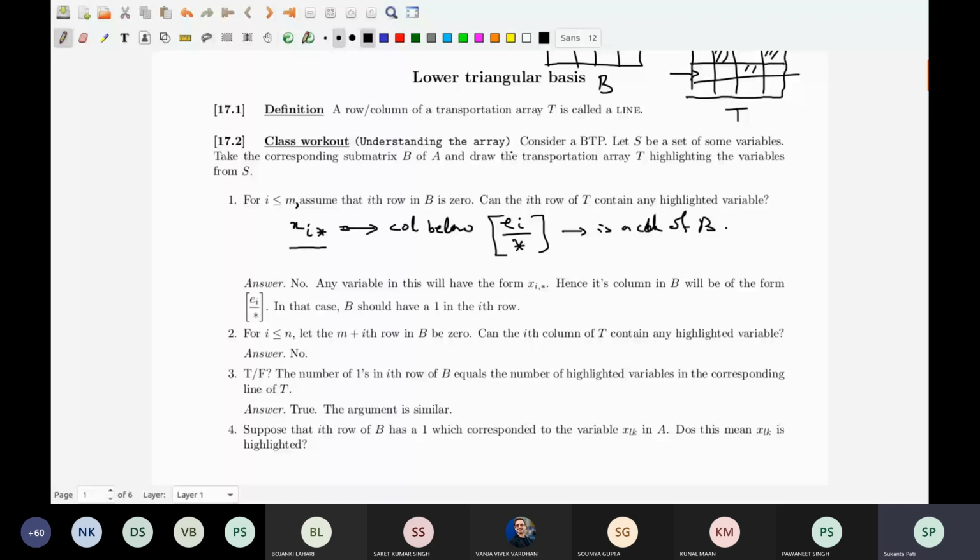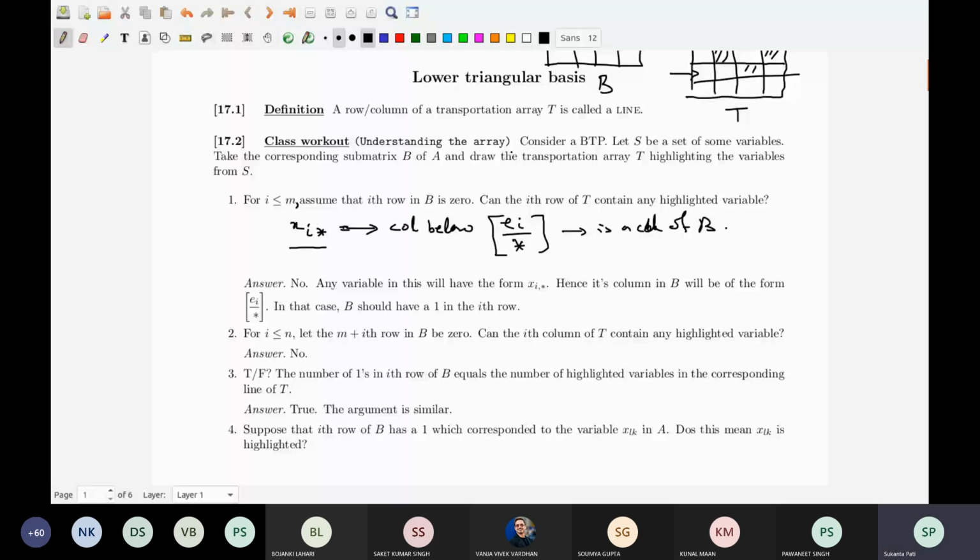Because the number of ones will tell, depending on whether you are choosing i less than or equal to m, or you are choosing i to represent m plus 1 to m plus n, that is, the m plus ith row with i less than or equal to n, whatever. The first case or second case, it is the same thing. The number of ones would mean that that variable is there. So the argument here is similar.